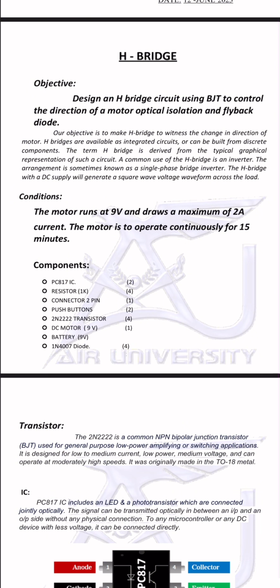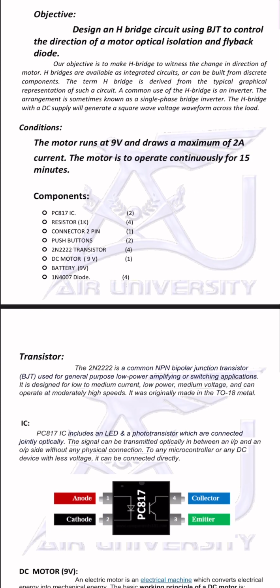The signal can be transmitted optically between the input and output side without any physical connection to the microcontroller and the DC devices. With less voltage, it can be connected directly and easily. As we can see in the PC817, pin one is the anode, second is the cathode, third is the emitter, and fourth is the collector.